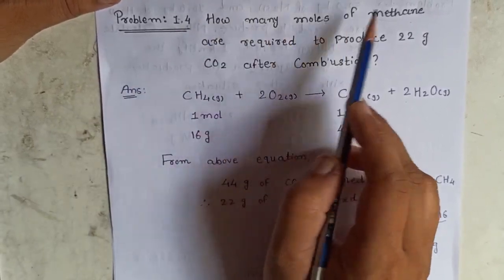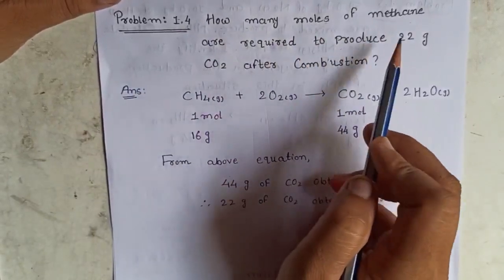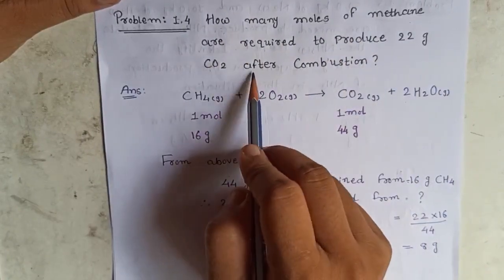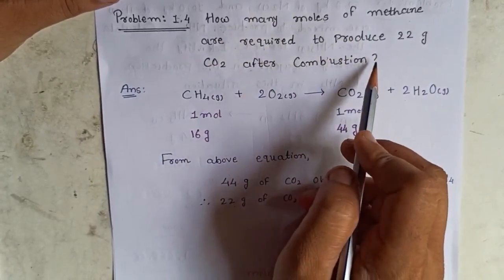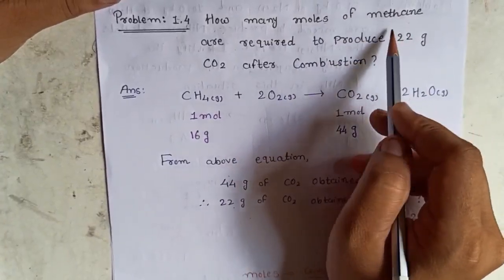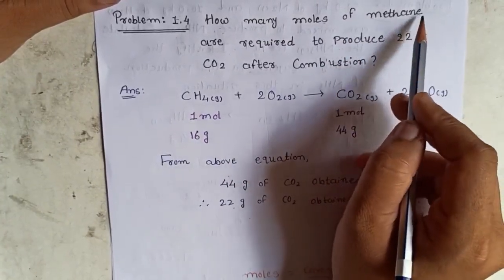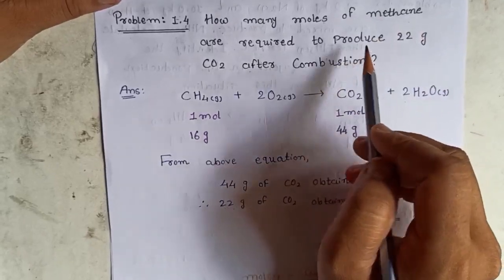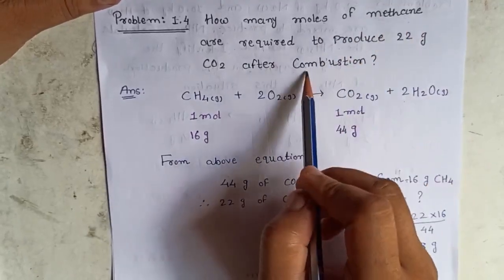Now, our next question, problem number 14. How many moles of methane are required to produce 22 gram of carbon dioxide after the combustion, right? It means here we have to carry out the reaction of methane with oxygen, because we have to combust methane, right?